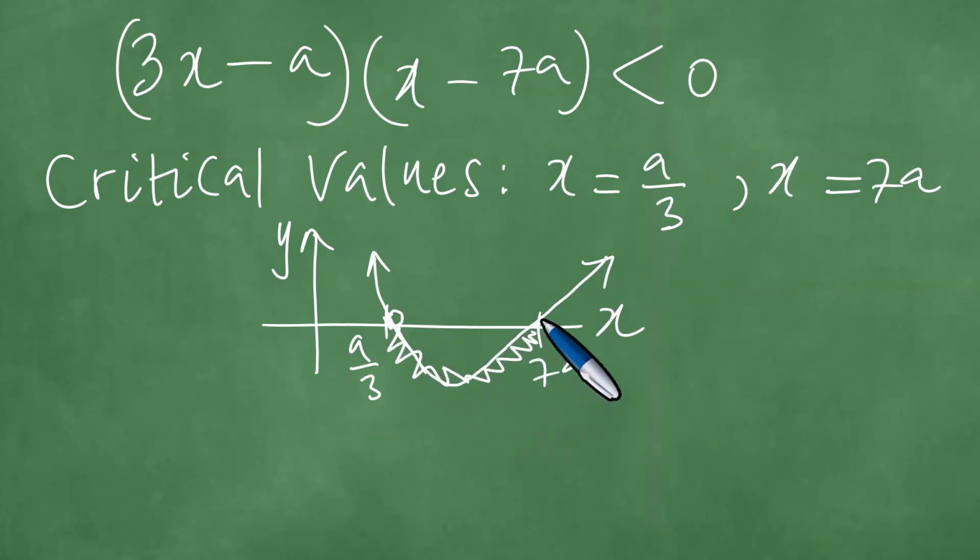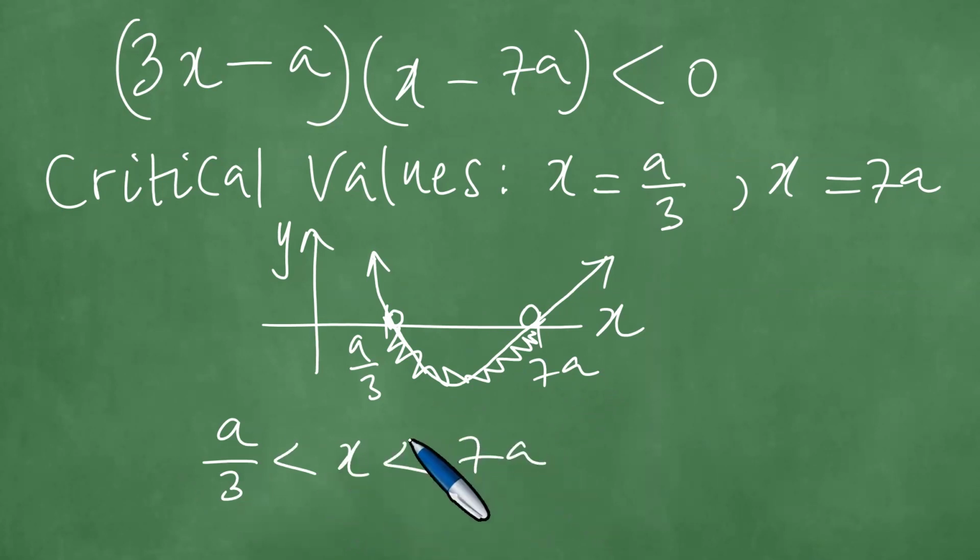But we have open circles there, meaning the solution is going to be a over 3 less than x less than 7a. This is the solution, hence. This is the answer.